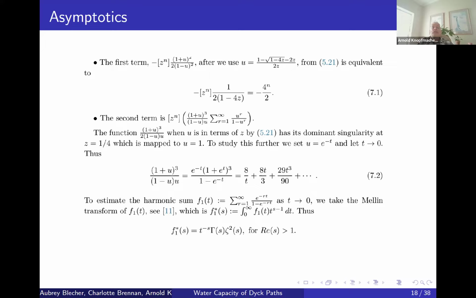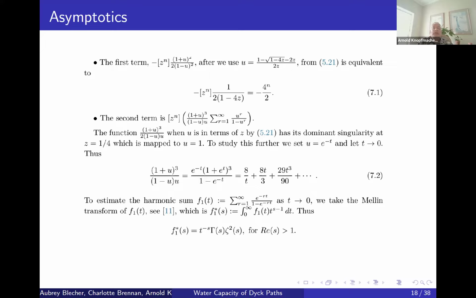If we look at the top line of the screen, we see that the square root has a dominant singularity when z equals 1/4, because that's when you have a 0 inside the square root. And z is 1/4 in terms of the u variable is actually mapped to the value u equals 1. So we want to find the behavior of this second term as u approaches 1.